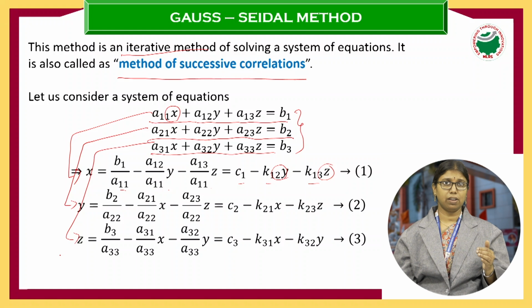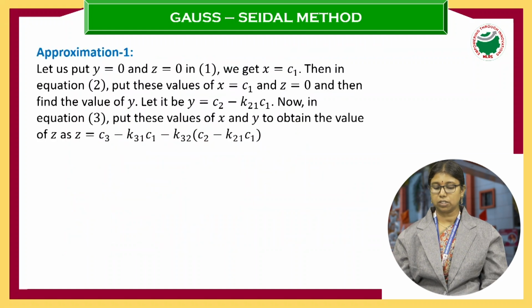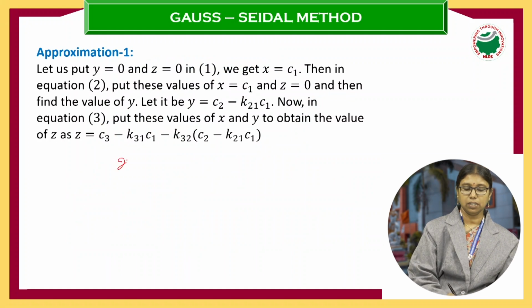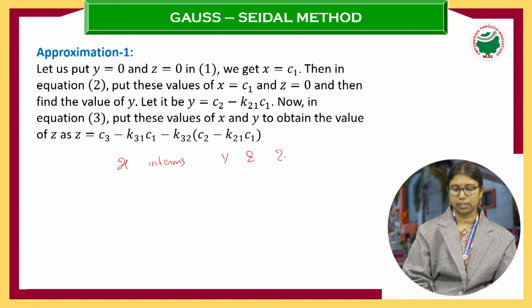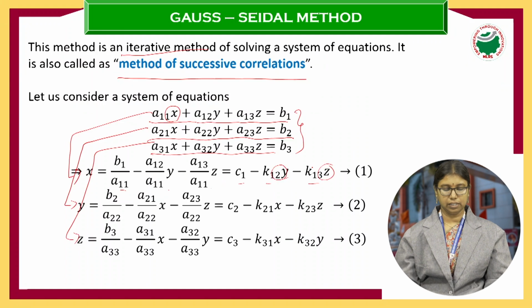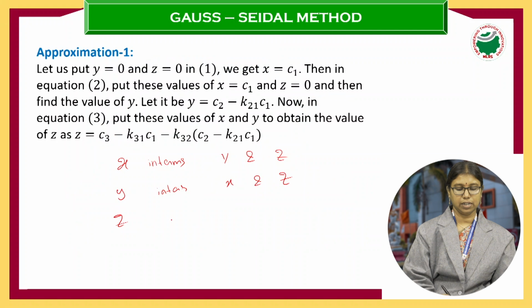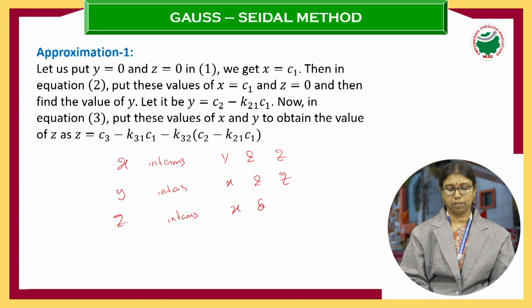Once you have the values of x, y, z in terms of the remaining variables, then you have to start the approximations. In the first equation we have x in terms of y and z. Similarly, y is in terms of x and z, and z is in terms of x and y.